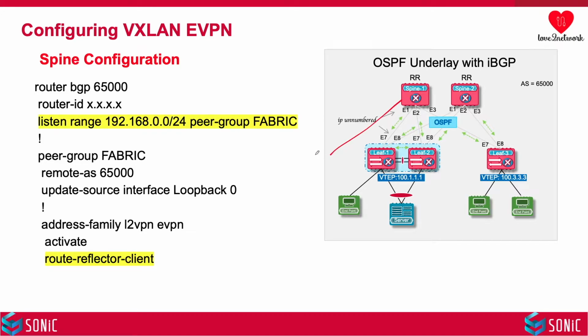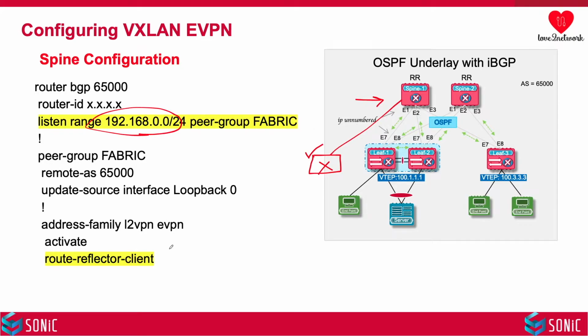So you want to add a leaf switch later on. All you need to do is to make sure that this leaf has an IP address from this range, and you do not need to make any change to your spine configuration. As long as the BGP parameters are correctly configured, a BGP relationship will be formed. Pretty useful feature, isn't it?